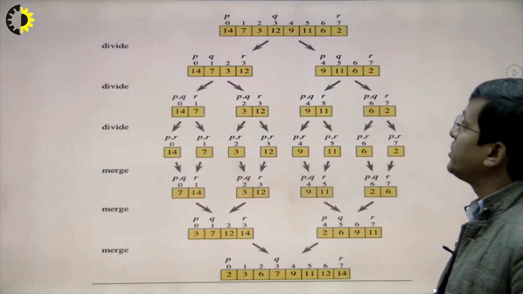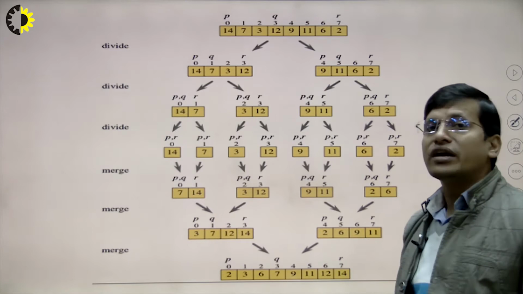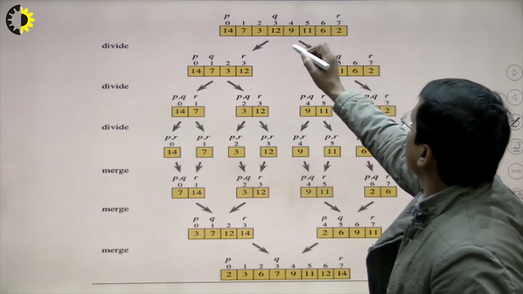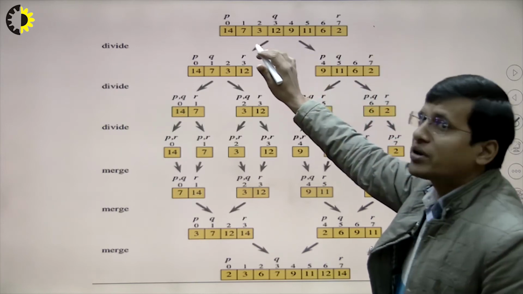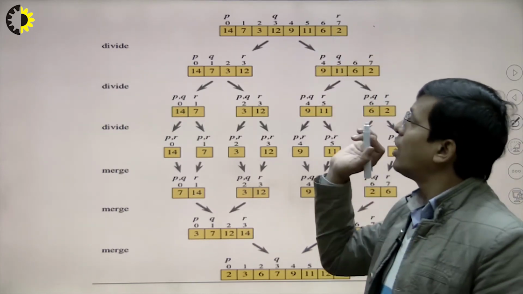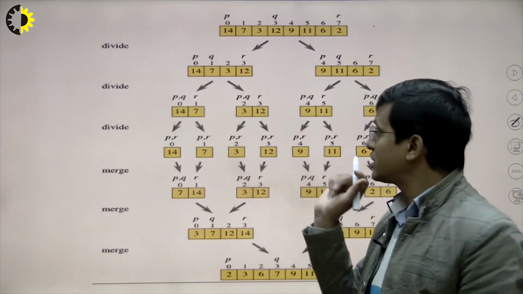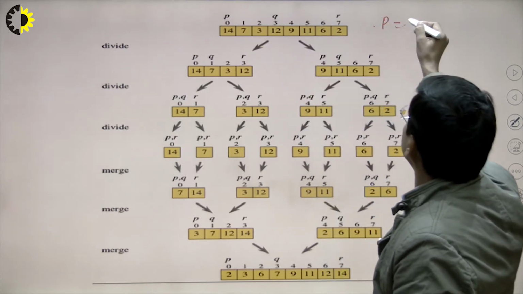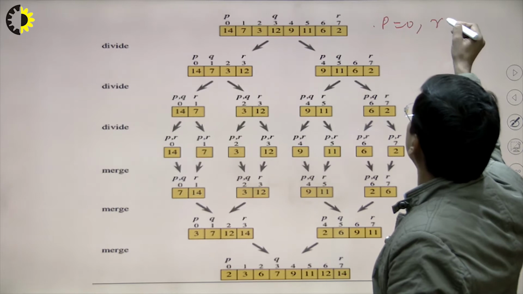Now I am taking an example so that we can understand. Here we have considered an even number of elements, and we see how exactly merge sort works in this case. Here p is equal to 0, and q is equal to r is equal to 7.